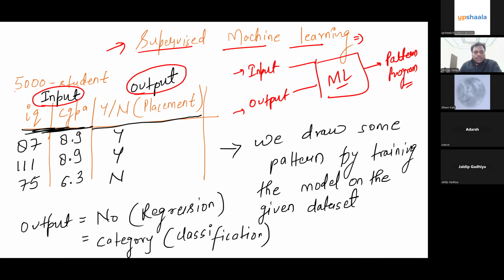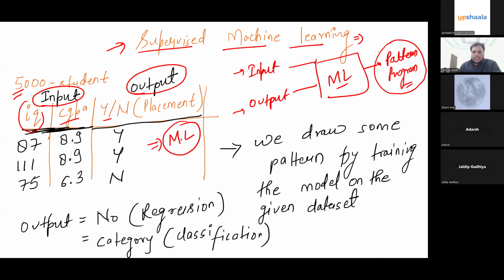So this is the quick example. Suppose you have the data of 5,000 students, and that data consists of IQ, CGPA, and placement, and the placement is in the category of yes or no. So what we can do is train one machine learning model over this data, and it will form one pattern.